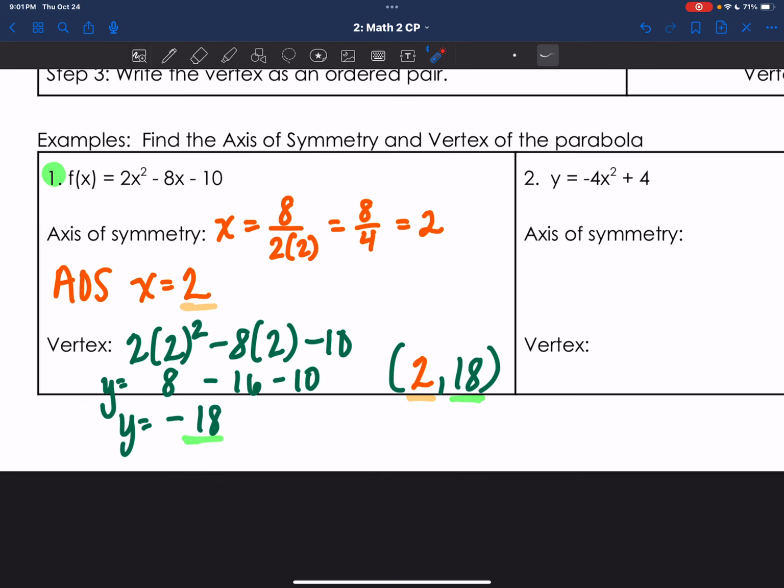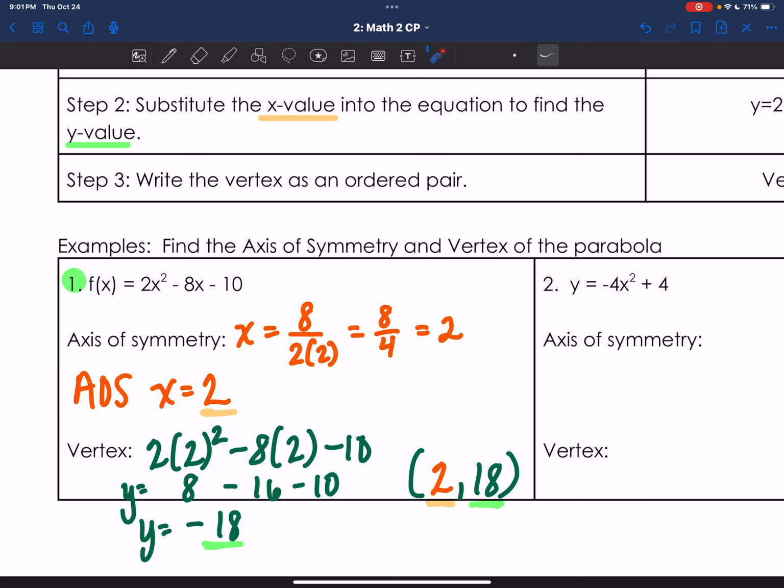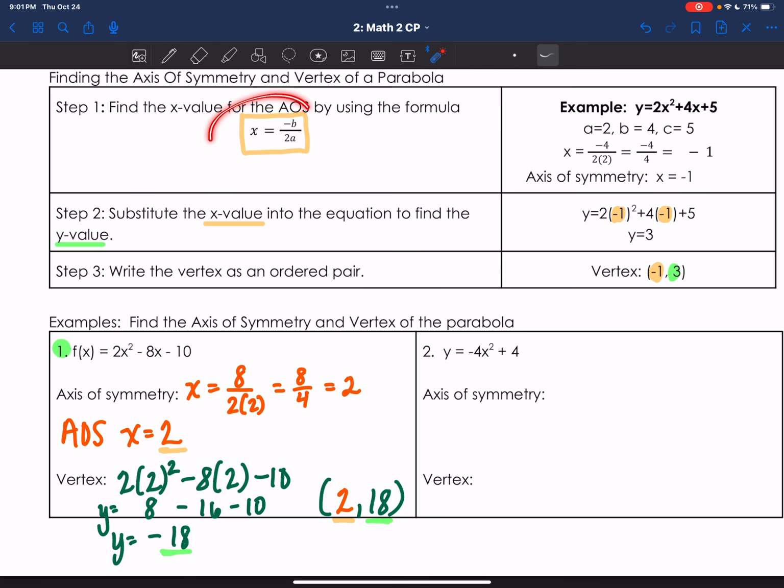So let's look at this example here that I did for you. We have f of x equals 2x squared minus 8x minus 10. Again, we're going to take this formula to find our axis of symmetry: -b over 2a. Your -b, you get +8. And then here you have 2 times 2, which gives you 4.